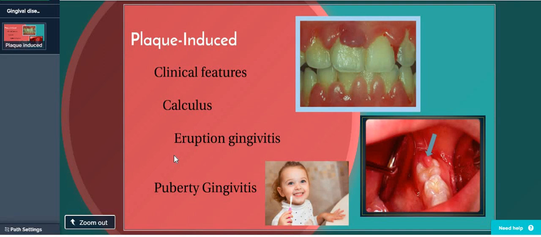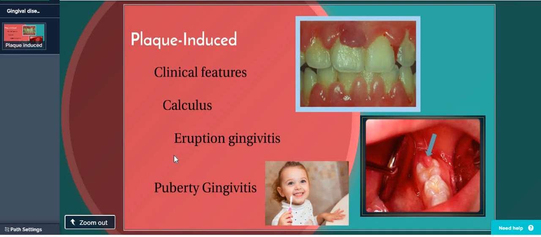Regarding the clinical features of biofilm-induced gingivitis in childhood, the most prevalent type of gingival disease in childhood is called chronic marginal gingivitis. The gingival tissue here exhibits a change in color, size, consistency, and surface texture similar to chronic inflammation in the adult.